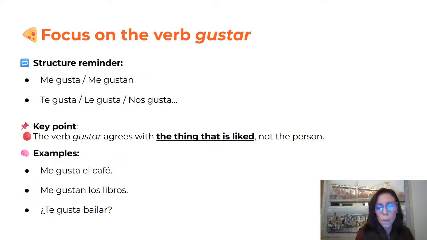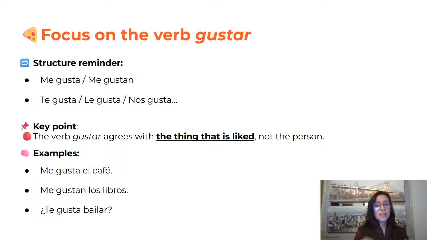And also, nos gusta, we like. And then les gusta. When we use les, that means to you guys or to them, like they like or you guys like.